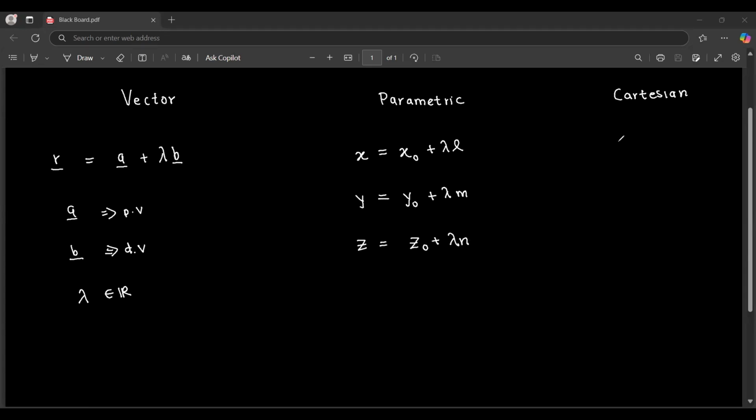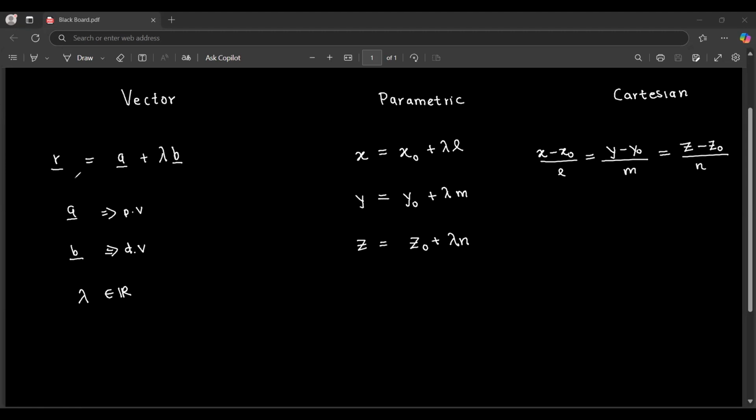And for the Cartesian equations, we have (x − x₀)/l = (y − y₀)/m = (z − z₀)/n.